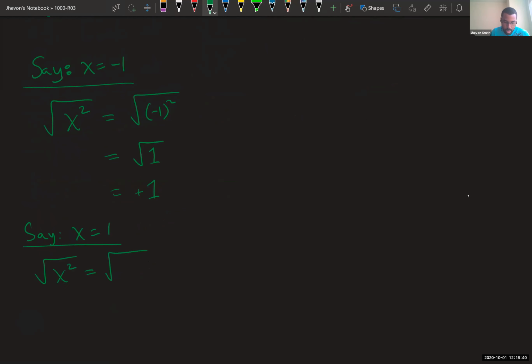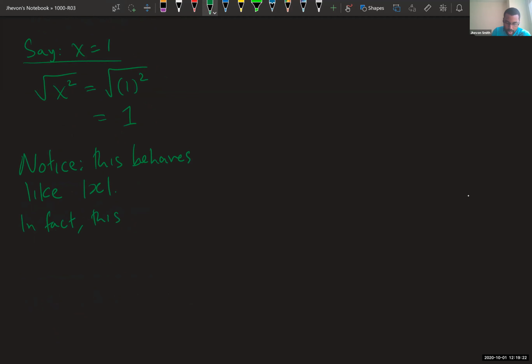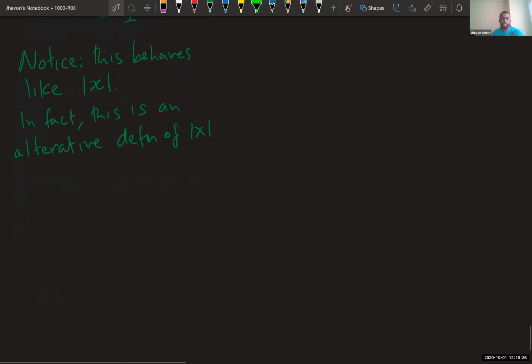In fact, this is an alternative definition for absolute value. Right, which I did mention in class. There are two definitions for absolute value that you must know, and one of them is this.